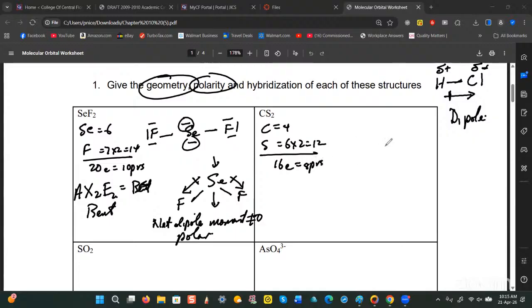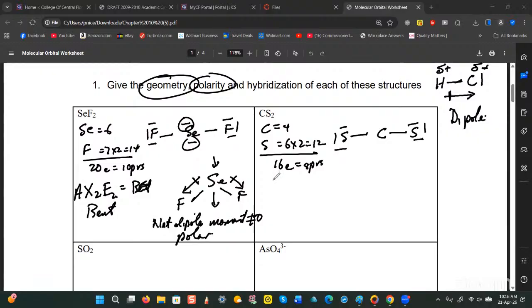All right, and then we put the carbon in the middle, surrounded with the sulfurs, and then what? Put your electron pairs. Of course you have to start with the bonding pairs first: 1, 2, then the non-bonding pairs, 3, 4, 5, 6, 7, 8.